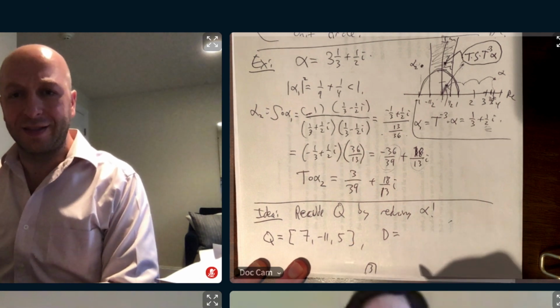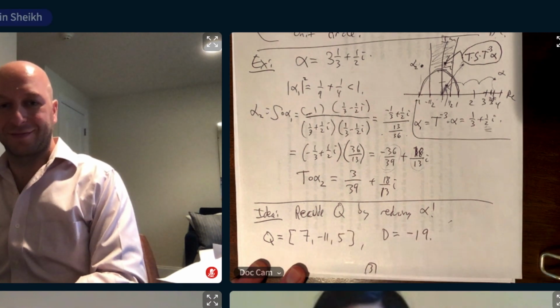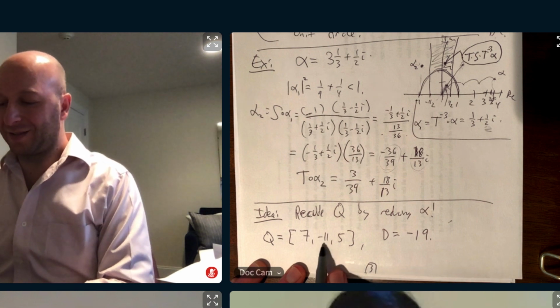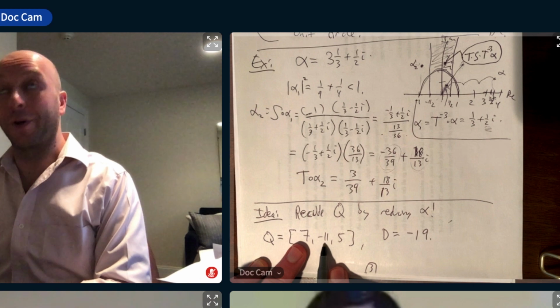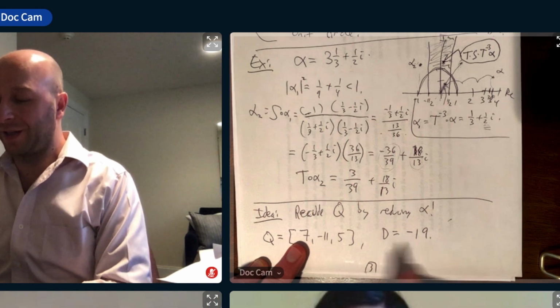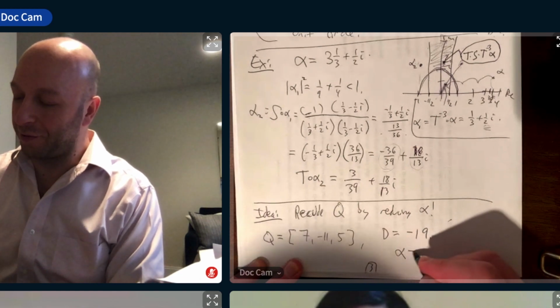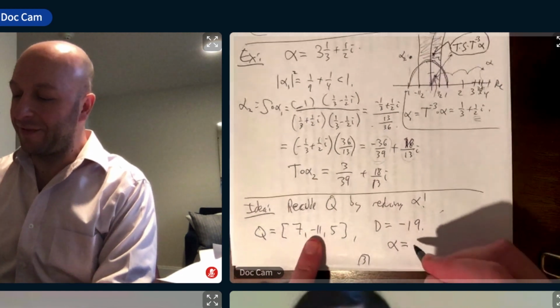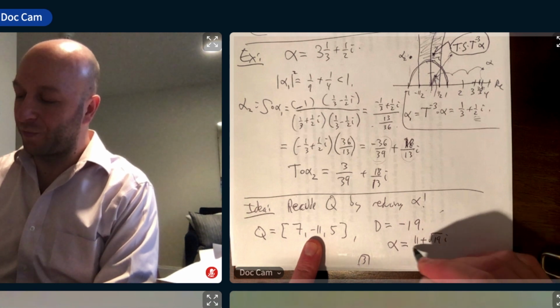What is it, minus 19? 4 times 5 is 20, times 7 is 140. 140 minus 121 is 19. Good. And then its root alpha is negative b plus square root of 19i all over 2a.